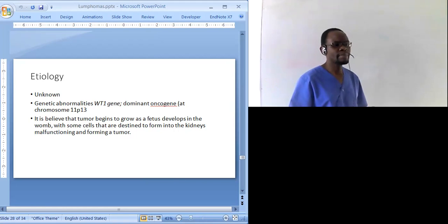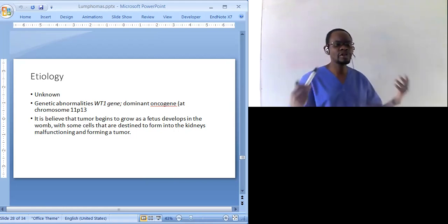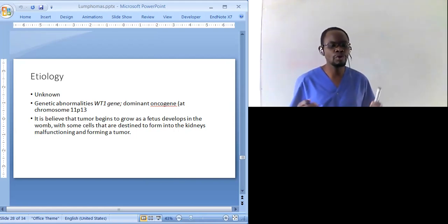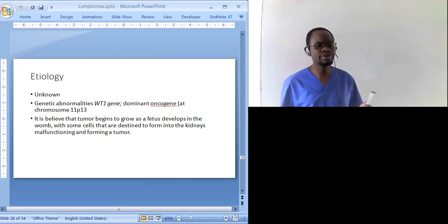So what you should know is that the cause is usually not known, but mutation and abnormal genes or oncogenes can basically bring this about.